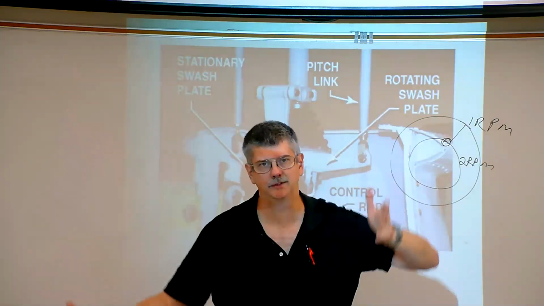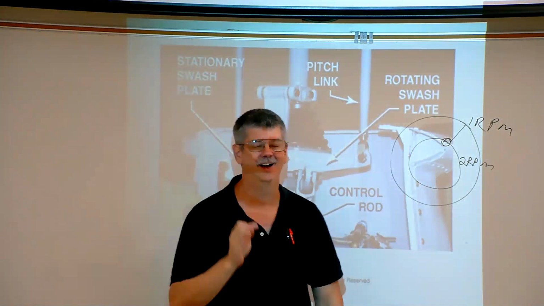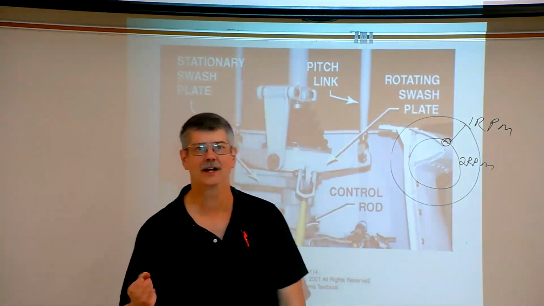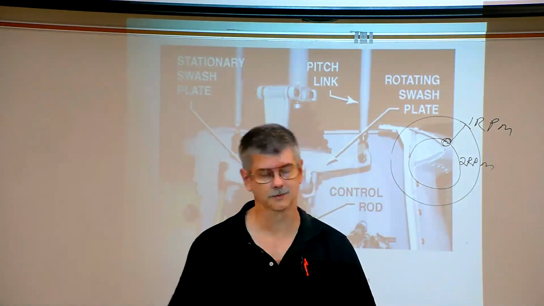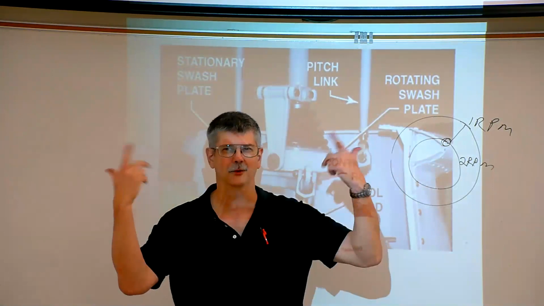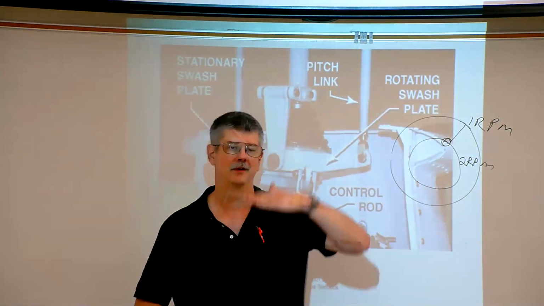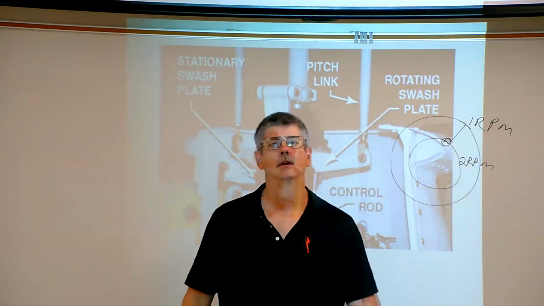It's one way to say it. It's not always true, because it depends on how they design it and where they connect the pitch links to the rotor blades. But let's just say that, so it's easier for people to picture it: if the swash plate moves up, the pitch moves up.